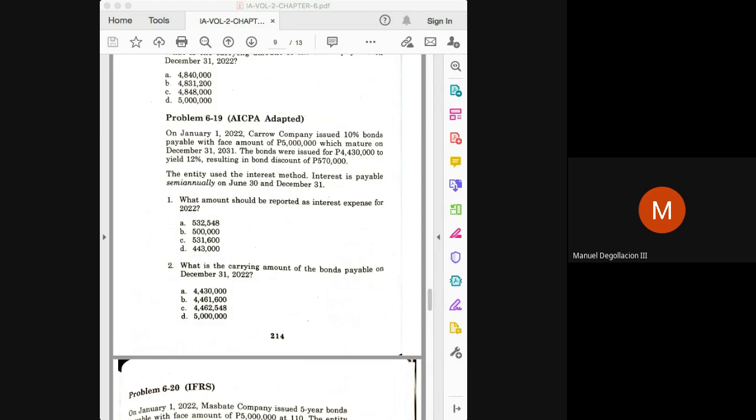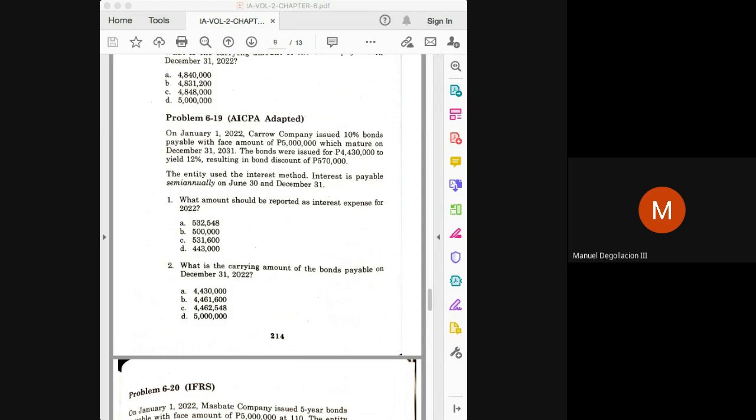Now you would ask, why do we need to solve for the carrying amount on June 30, 2022? Because we'll be using the 4,445,800, the carrying amount as of June 30, 2022, to solve for the interest expense for July to December 2022. Remember that the formula for our interest expense is the effective rate multiplied with the previous carrying amount.